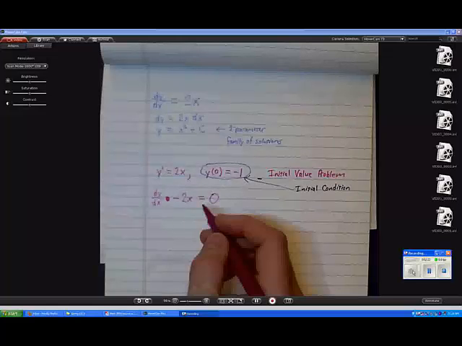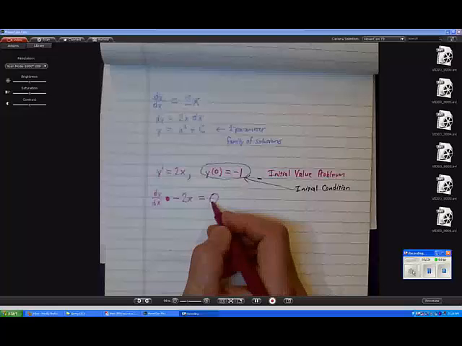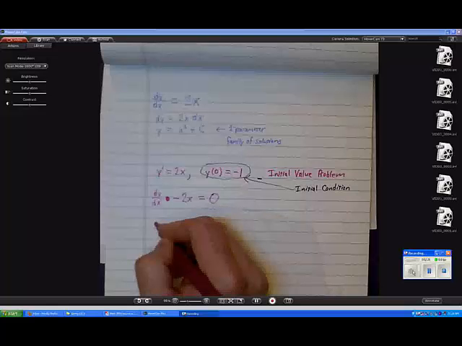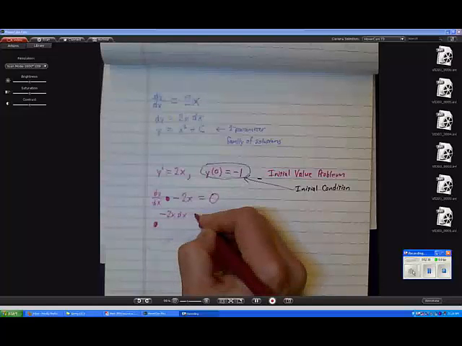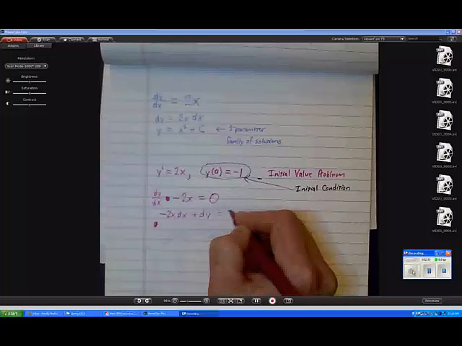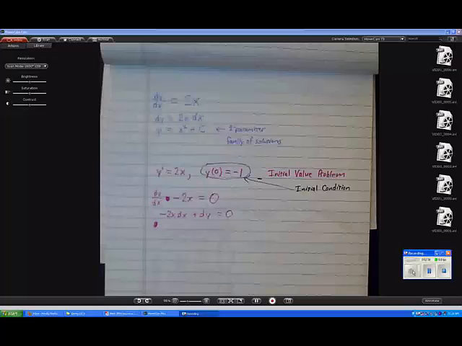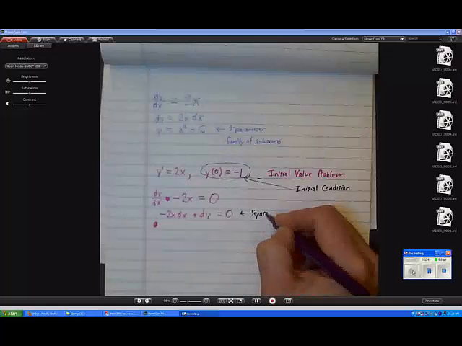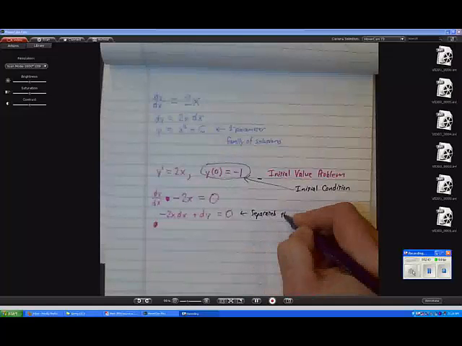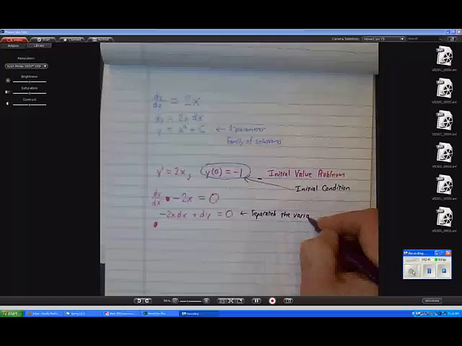They like to set the equation equal to 0 and write this: negative 2x dx plus dy equals 0. And what they have done here is, again, separated the variables. This time, not onto separate sides of the equation, but on the same side of the equation.